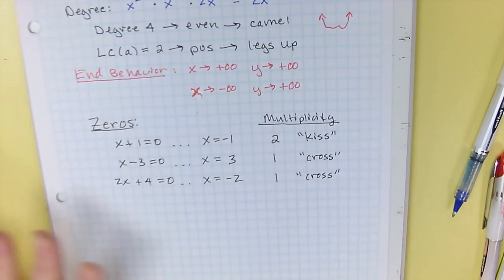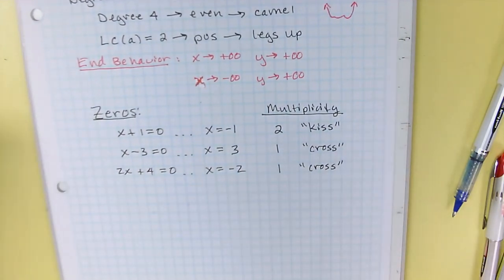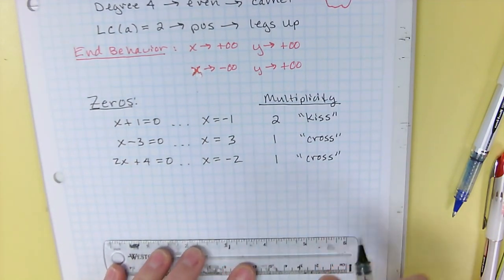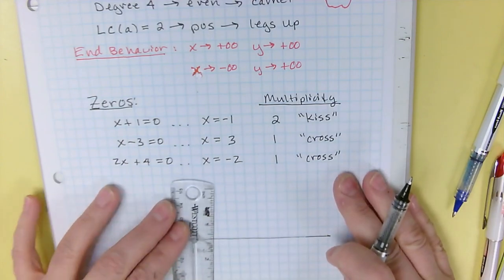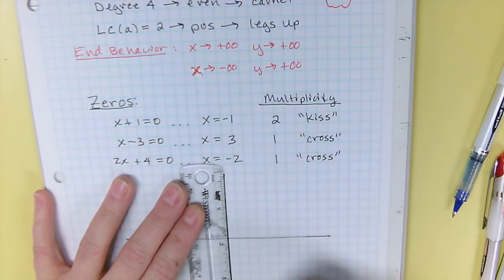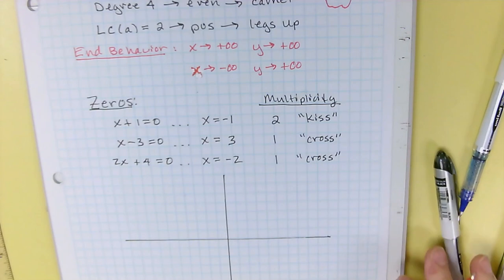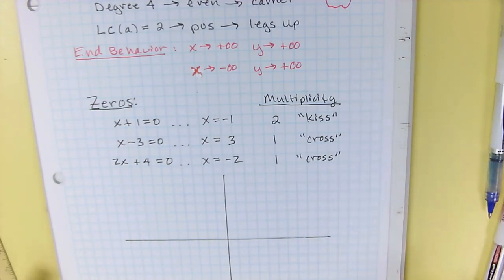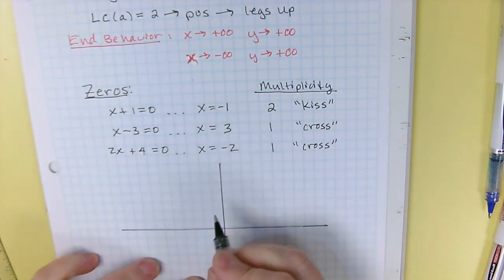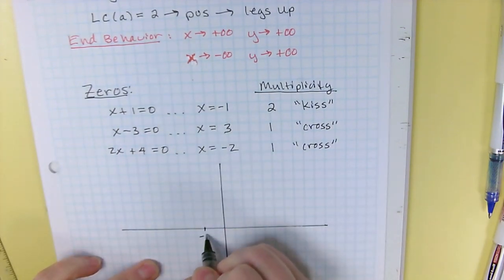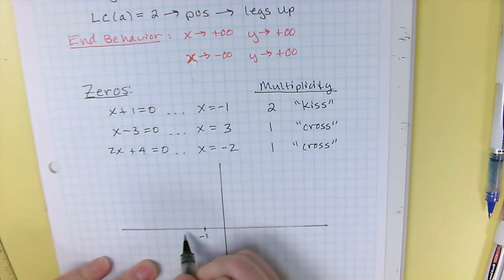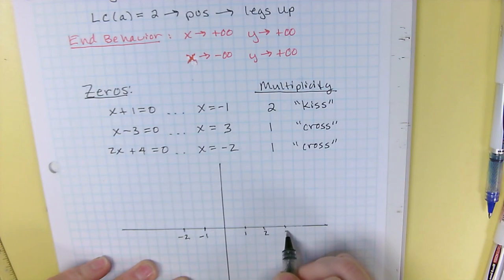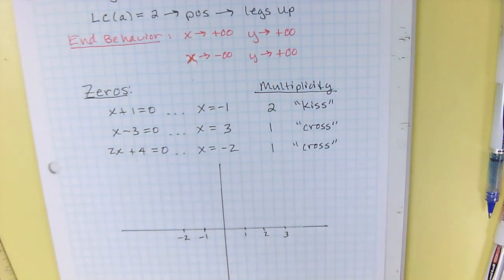Okay, so now we're going to pull this together and do a graph sketch. Draw yourself a pair of axes. What I usually do is mark my zeros out before I start. I'm going to space these out a little bit. So x is -1, that's a 0. -2 is a 0. And then 1, 2, 3 is a 0.